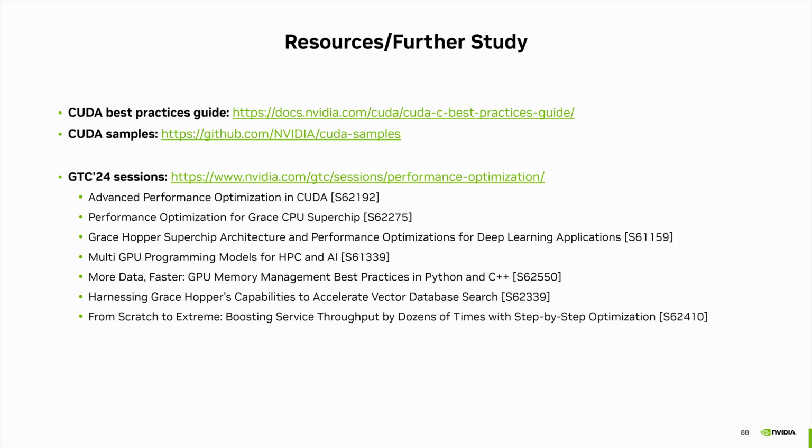They might not be running at speed of light, but they will be close to speed of light if they're just following these guidelines. Then, for example, if I would do something Hopper specific, since it has a lot more SMs than older GPUs, I might focus more on increasing the level of parallelism in my application. But the first step is to make sure that all of these performance guidelines are applied, and then in more recent GPUs where we have more SMs, maybe increase parallelism in your code.